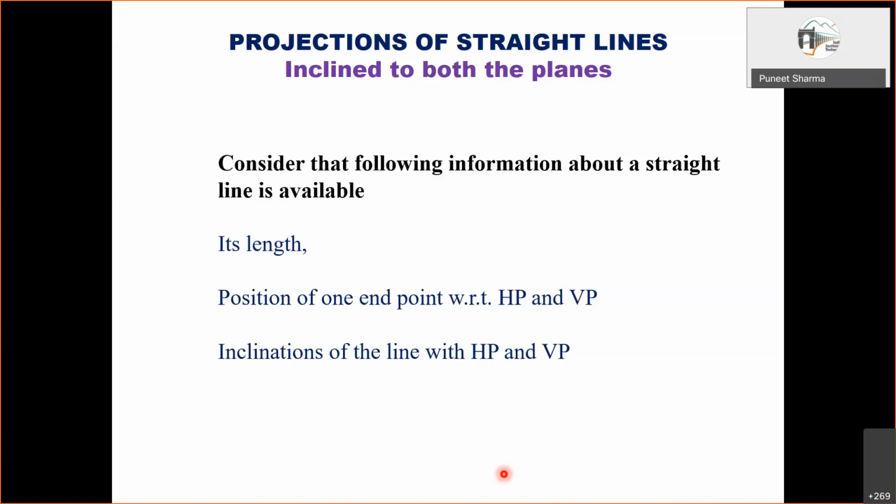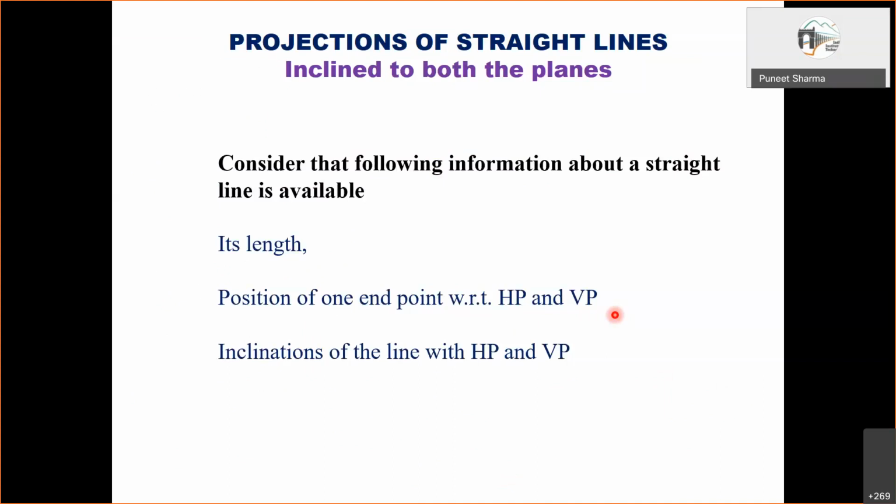So before we move on to the next slide, this is what we have. Suppose we have this much information about a line. We know its length. We know the location of one of its endpoints with respect to the horizontal and vertical planes, just like we used to have in the case of projections of points.